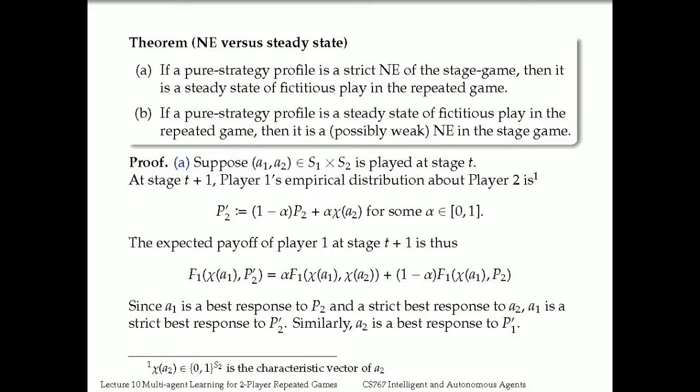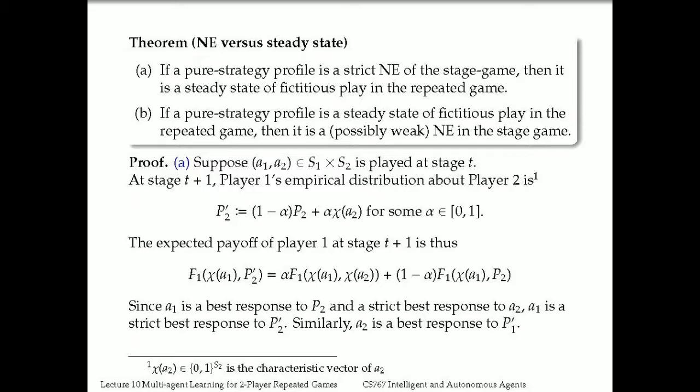If you apply this update rule, you would get something like P2 prime is (T minus 1) over T times P2 plus 1 over T times whatever the vector that corresponds to A2.